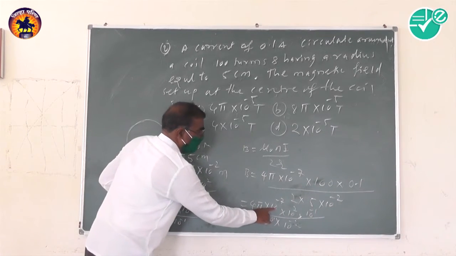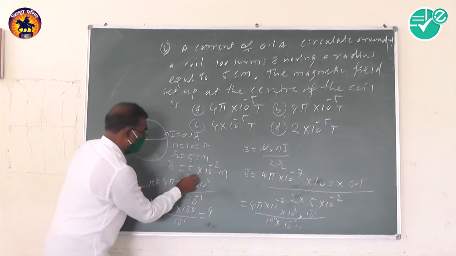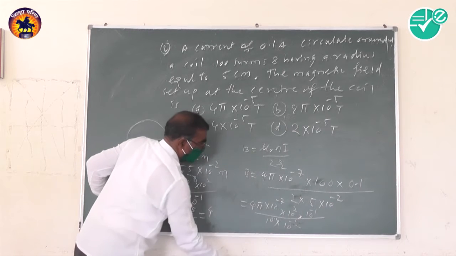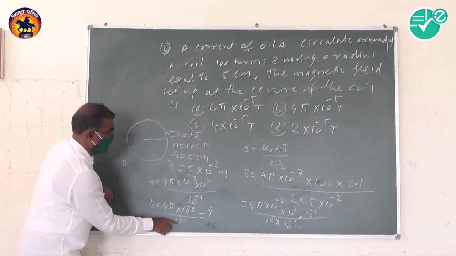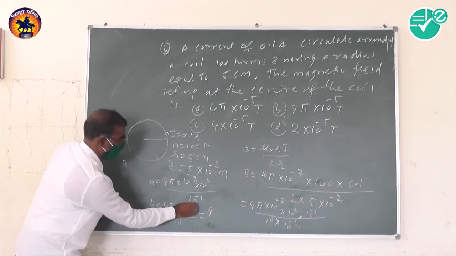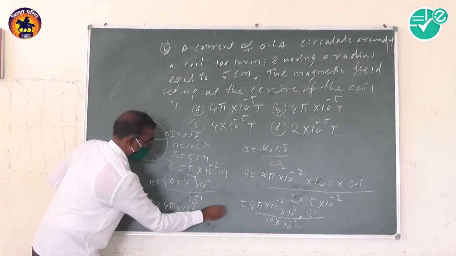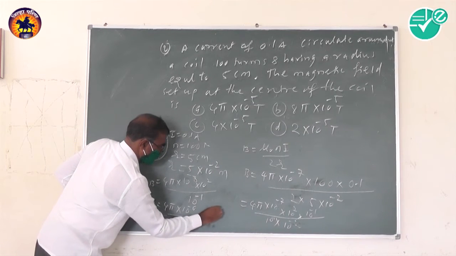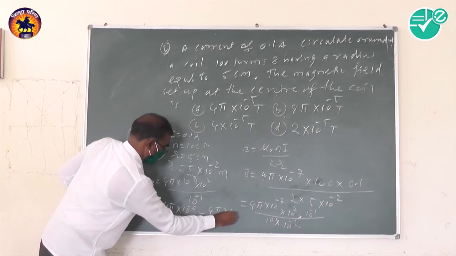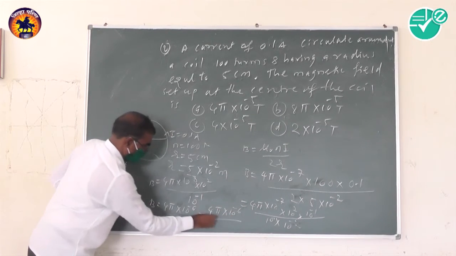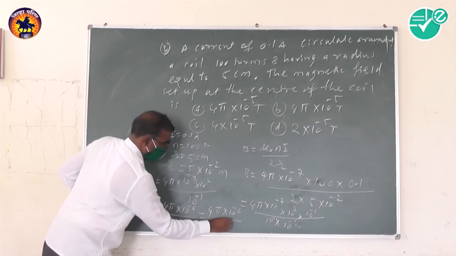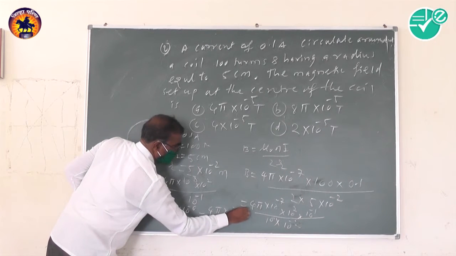That is 10 raised to minus 7 and 10 raised to minus 1 has 10 raised to minus 8, and 10 raised to 2. That is 10 raised to minus 6. That is 4 pi into 10 raised to minus 6, and 10 raised to minus 1 in the numerator becomes plus 1.